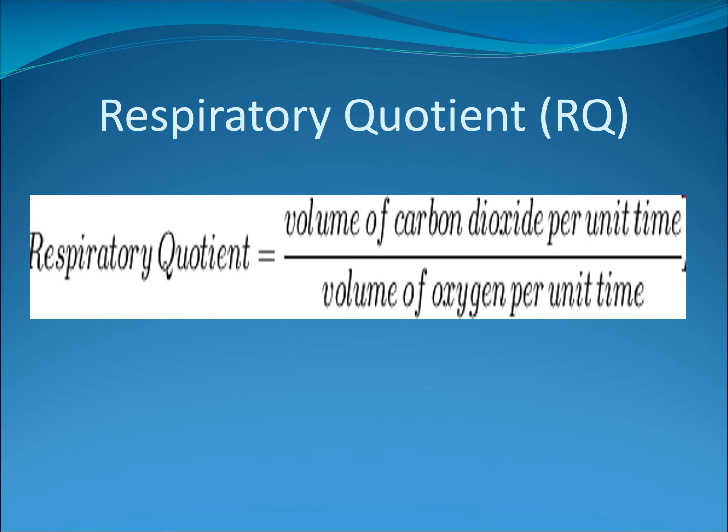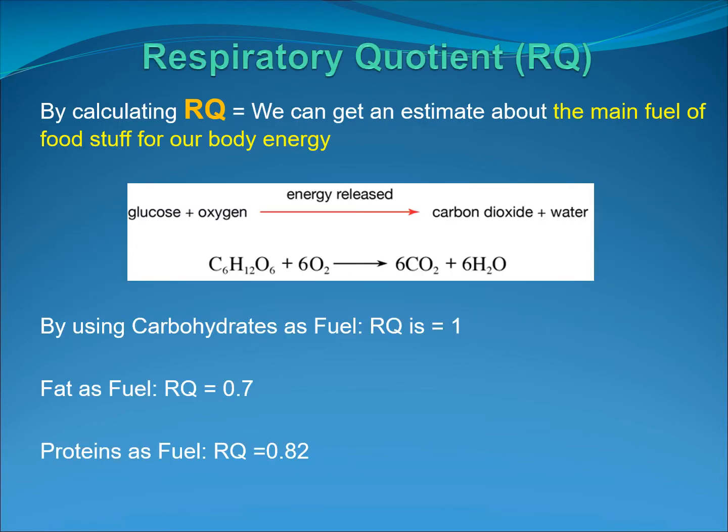Now we have a term which is related to that metabolic activity, which is called respiratory quotient, which refers to the volume of carbon dioxide produced per unit time to the volume of oxygen consumed per unit time. By calculating respiratory quotient, we can have an estimate about the main fuel of foodstuff for our body energy.